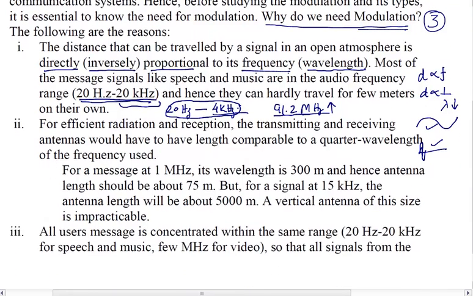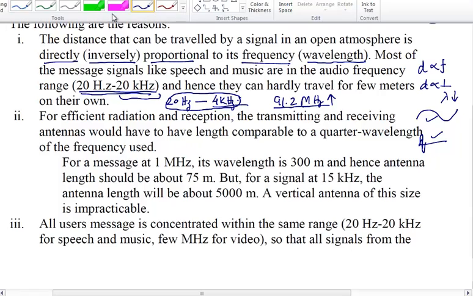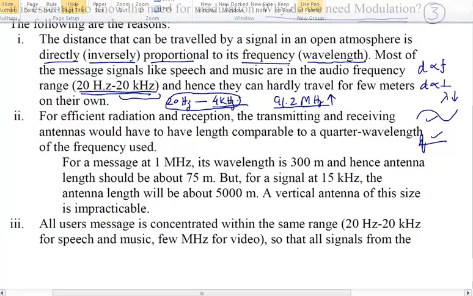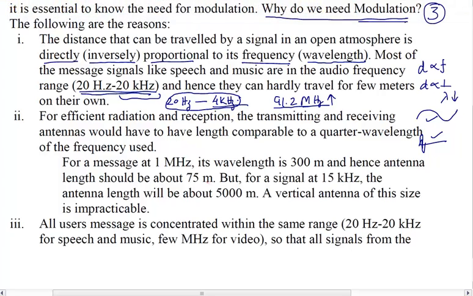What is the second reason? Okay, let me take a different color. What is the second reason? The second reason, as you can see, is basically decided by the antenna. You might have seen many different antennas. All antennas have a general rule that the antenna will work very efficiently if the size of the antenna is lambda by 4.